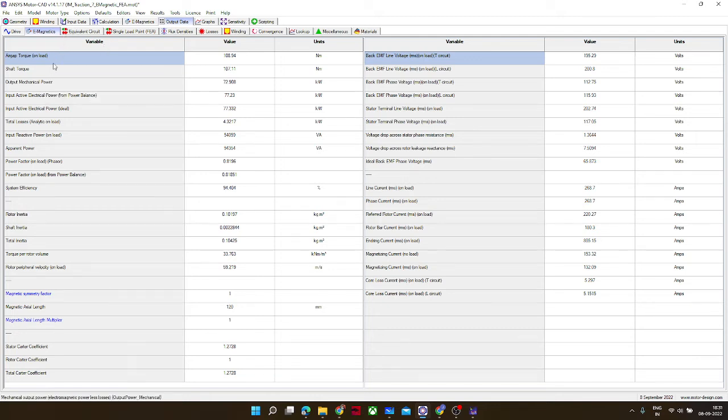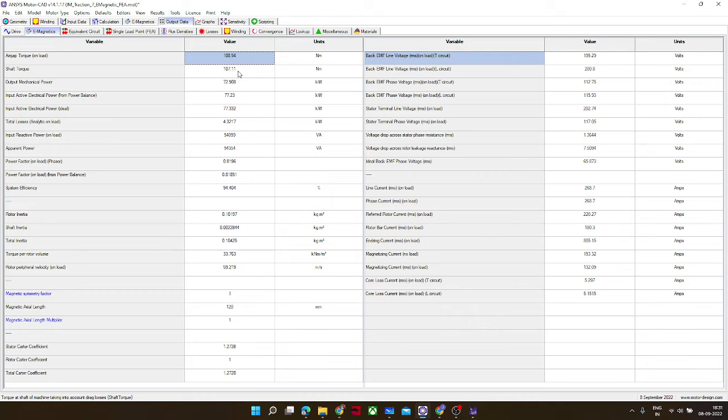And you can see air gap torque is 108.94. Is the data visible? Yes, sir. Fine. So air gap torque is 108.94 Newton meter and shaft torque is 107.11 Newton meter. So this much loss is happening from air gap till the shaft.